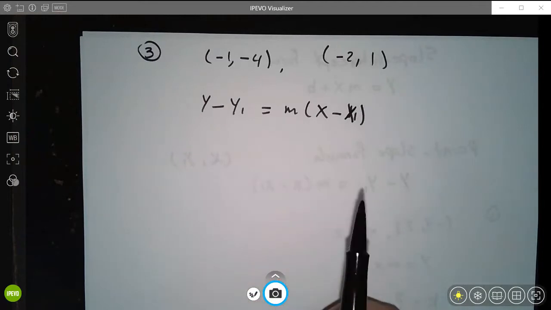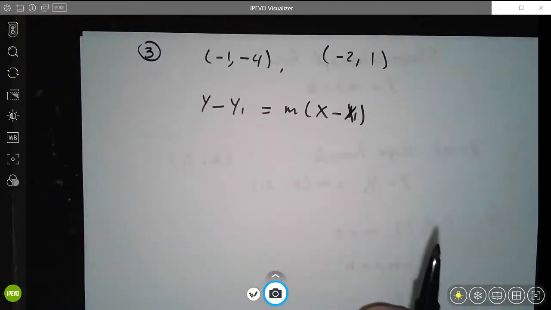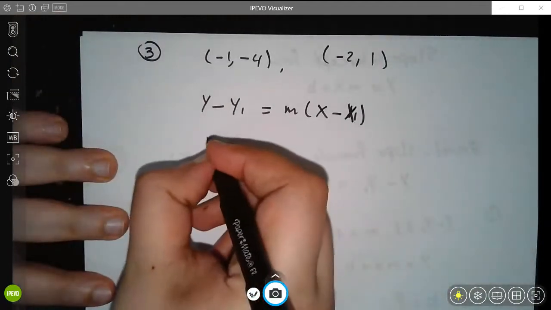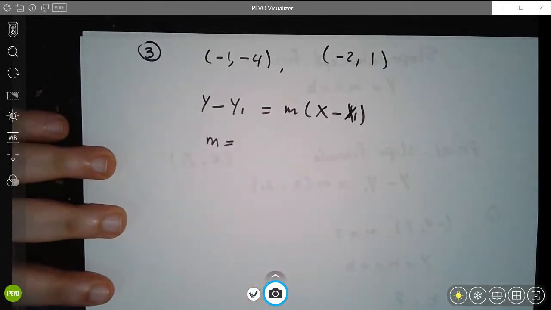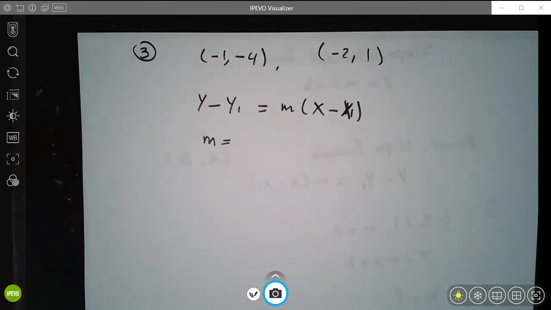But how do we find the slope? Does anybody have any ideas what the slope is in this case? What do you think? How do we find the slope? That's right. If you remember from the previous section, we learned how to calculate the slope from 2 points. Can you guys do that for me?